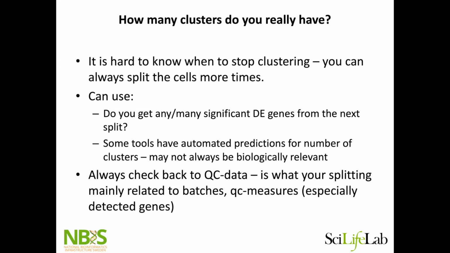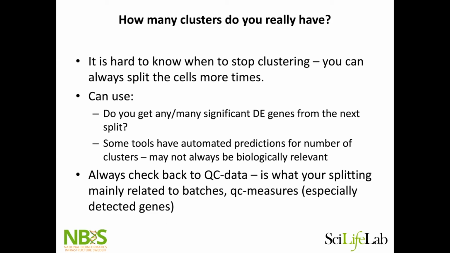But I think one thing to look at is to do differential expression, because if you split your graph into quite a lot of clusters, and you have neighboring clusters where you hardly have any significantly differentially expressed genes, maybe it's not a good idea to split them into individual clusters.